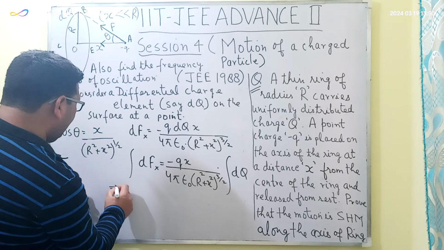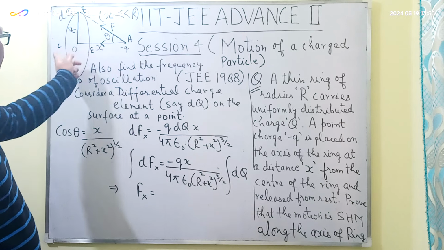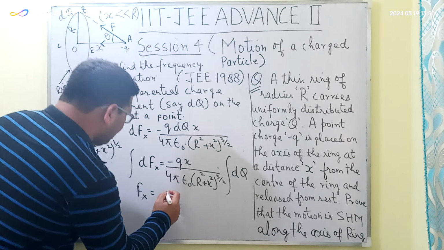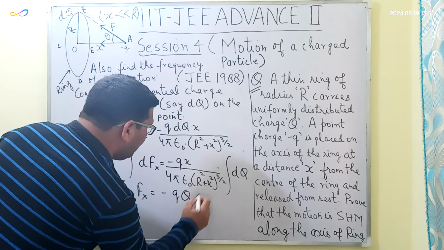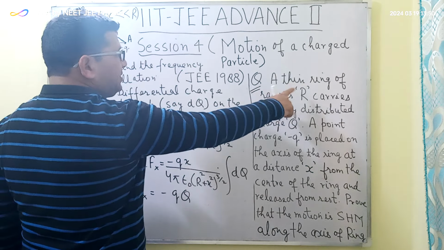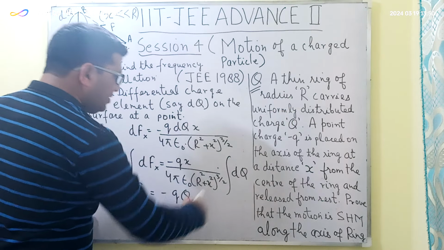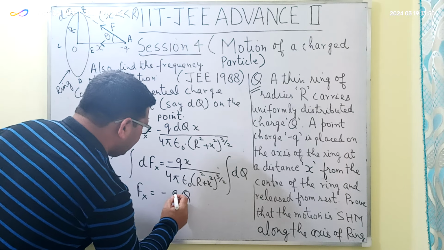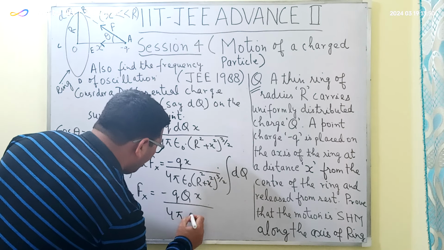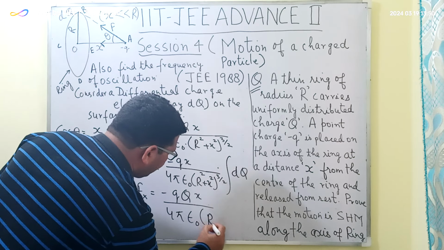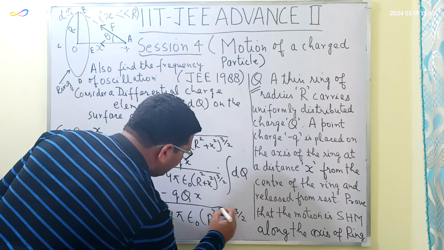So finally, the electrostatic force along the axis of the ring towards the center, fx, will be equal to minus q, capital Q, because this is a thin ring which carries a uniformly distributed charge Q. So the integration of dq will be equal to Q, and fx is minus small q, capital Q, x divided by 4 pi epsilon naught (r square plus x square) to the power 3/2.